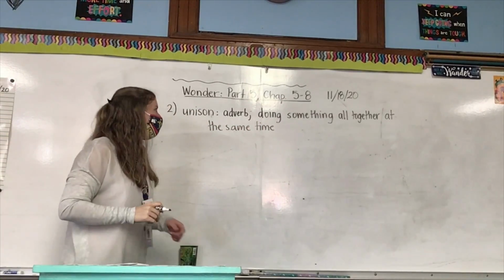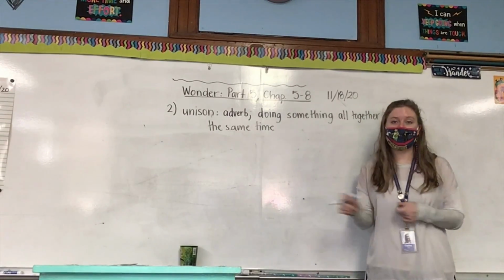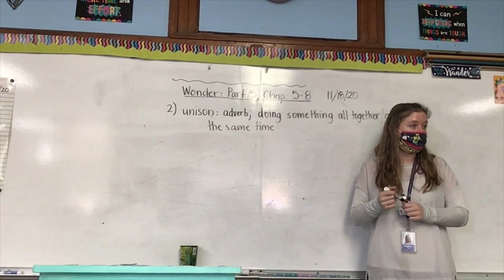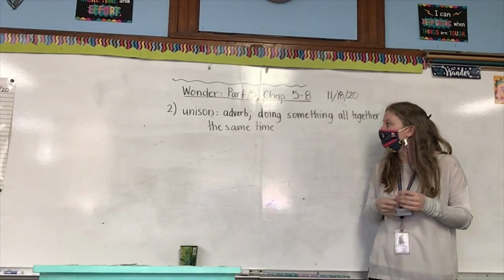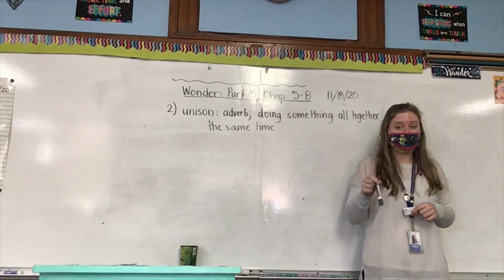So unison, U-N-I-S-O-N, is an adverb. That means it's a describing word. It describes a verb, how something happened. And it means doing something all together at the same time.